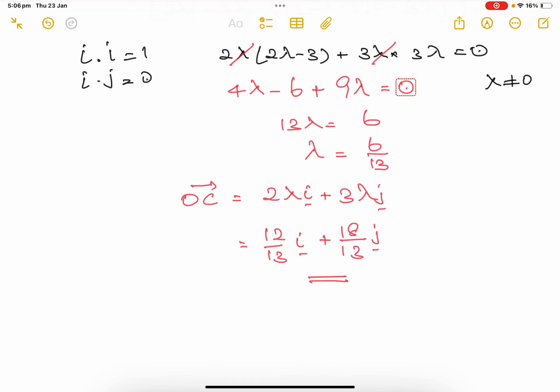The question asks us to find the vector OC, which is 2 lambda i plus 3 lambda j. Substituting the value of lambda, 2 times 6 over 13 is 12 over 13 i, plus 3 times 6 over 13 is 18 over 13 j. That's the answer for vector OC.